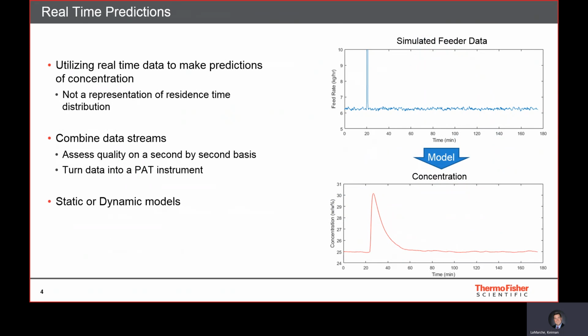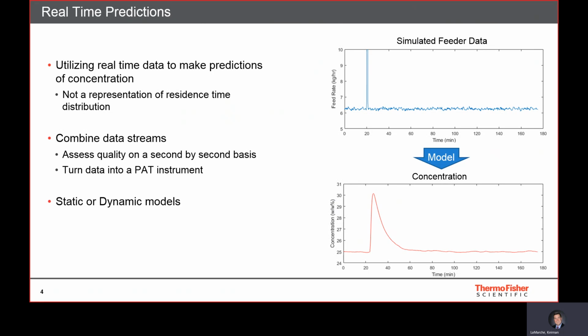So when we say a model is real time, we're really talking about how the model is implemented, not what type of model it is. In the case of a process model or dynamic process model, that implementation allows predictions to be generated based on live readings of feed rate data that are constantly being delivered from the loss-in-weight feeders. The model combines the data with streams from other feeders and other units to make an assessment of the quality of the product stream on a second-by-second basis.